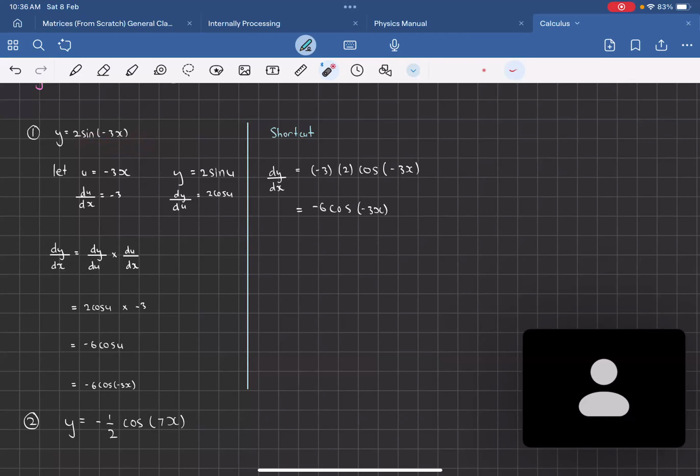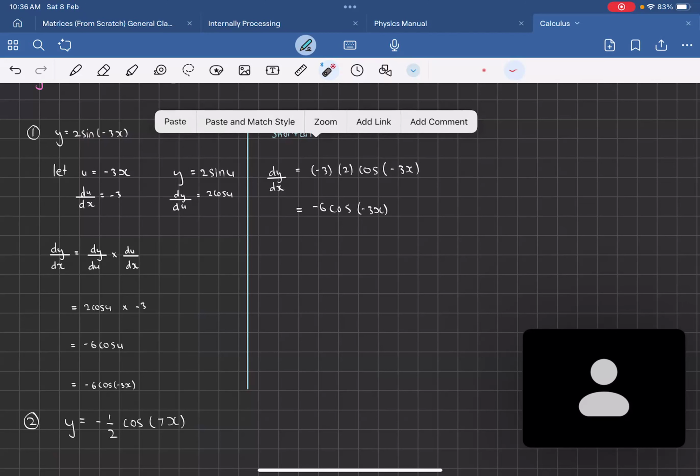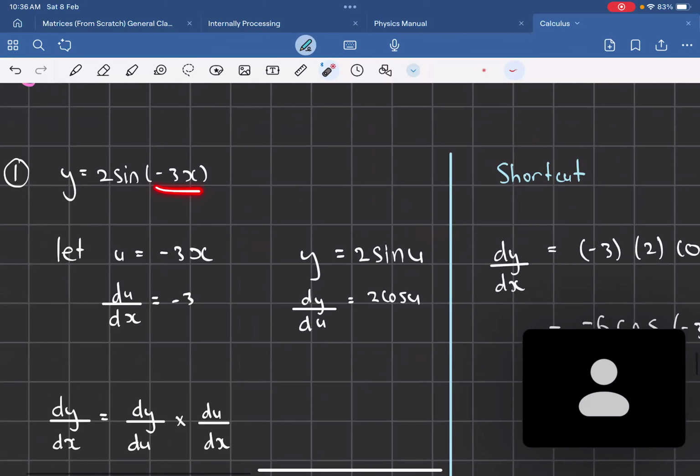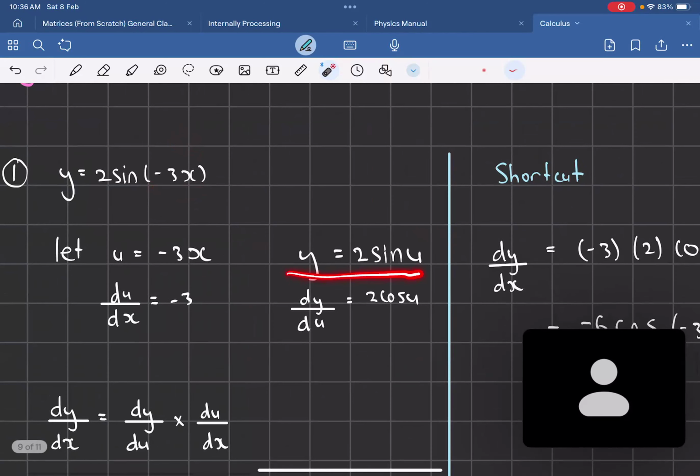Nice. So we know how to differentiate sine x. If I simplify this and let u be minus 3x, this whole thing becomes u. So now y is equal to 2 sine u. You understand?